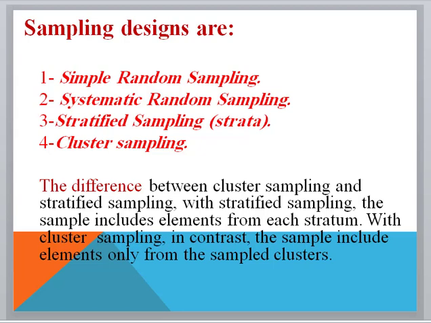Thereafter, we select the next element on the list according to the interval, so other elements will be selected at evenly spaced intervals till the sample size has been completed.